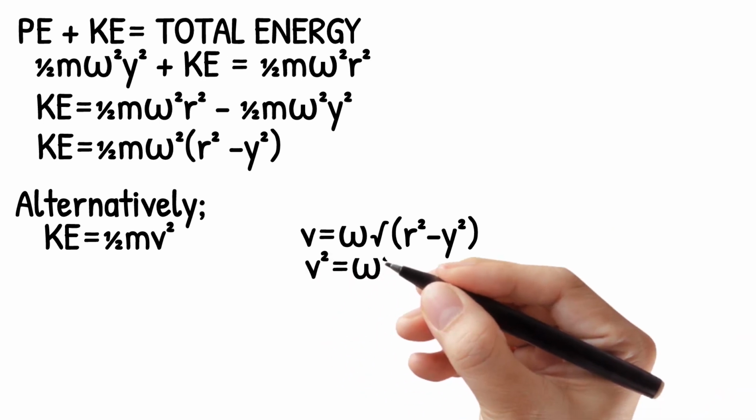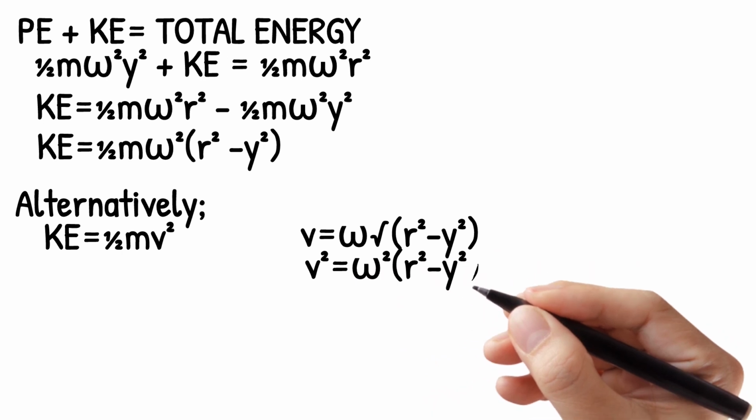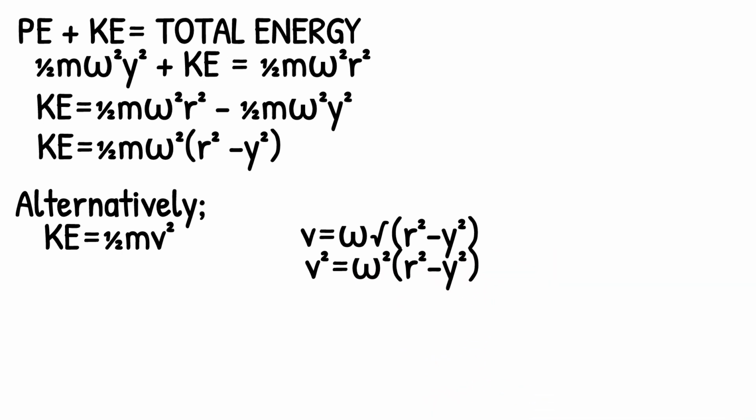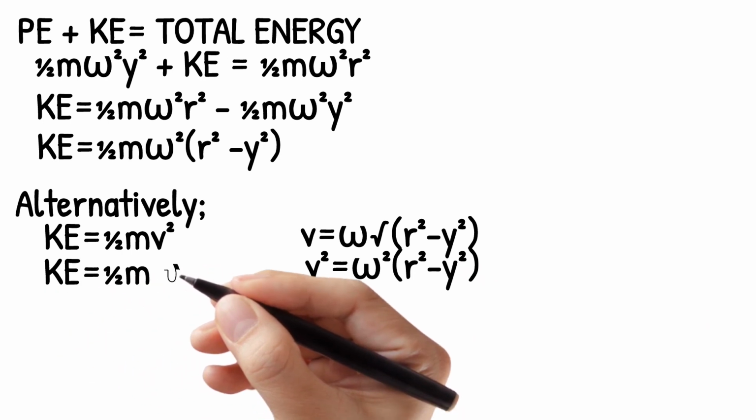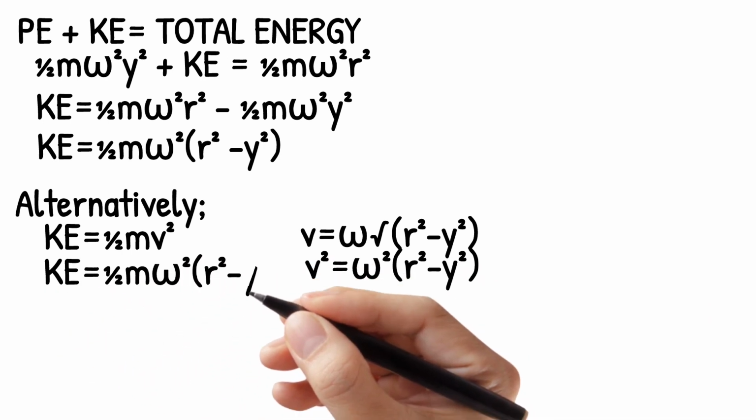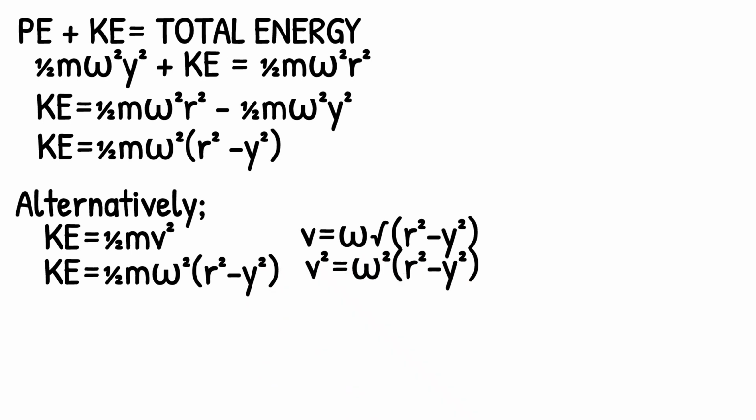When you take the square of that, omega will carry a square, and then your square root will disappear, leaving you just r square minus y square. So this is your formula for v square. Now substitute it into your formula for kinetic energy. KE is equal to what? Half m omega square into bracket r square minus y square, and that's the formula that we got. Do you understand?